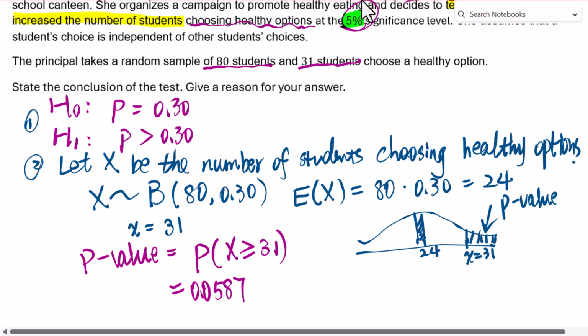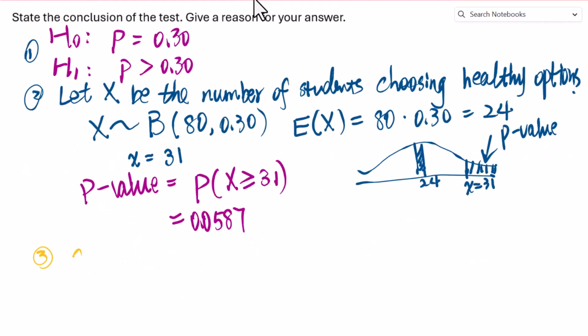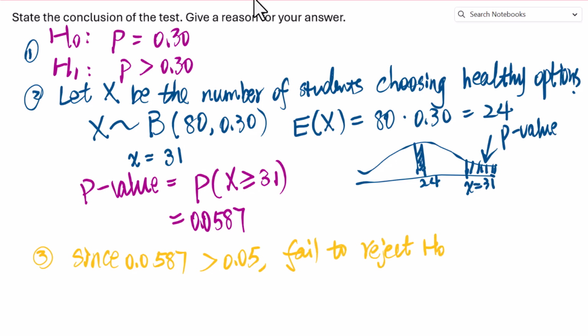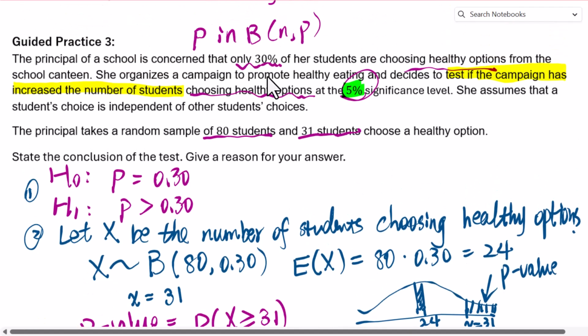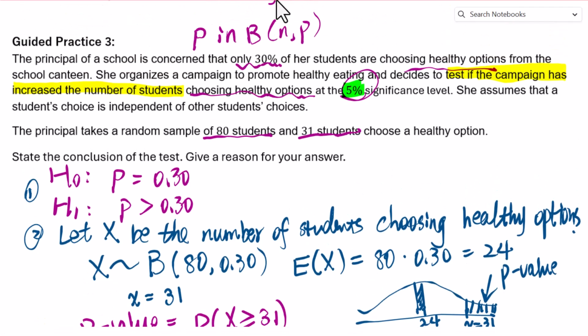Alpha is 0.05. Since 0.0587 is greater than 0.05, fail to reject H0. Let's check which one is the claim. We want to test if the campaign increases the number of students, so this is the claim.